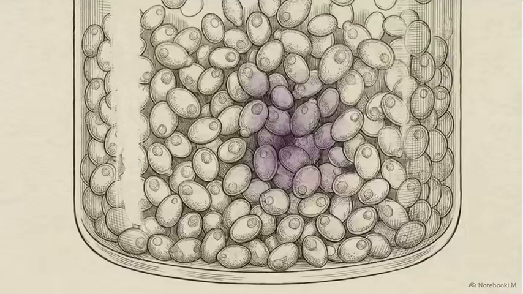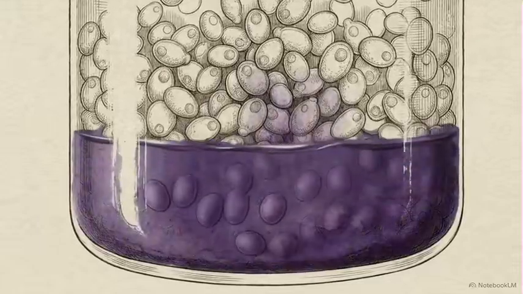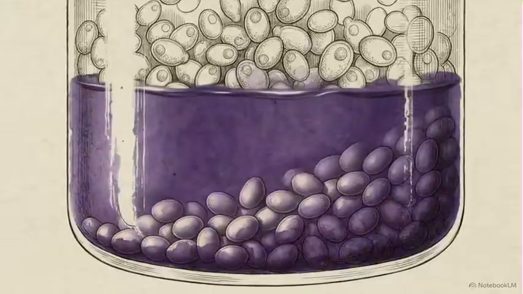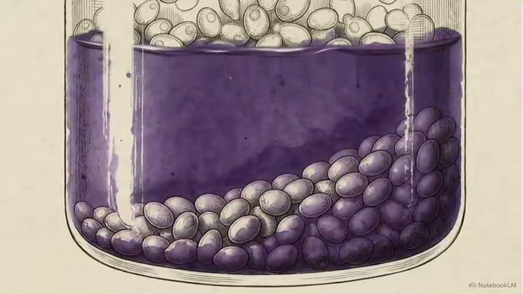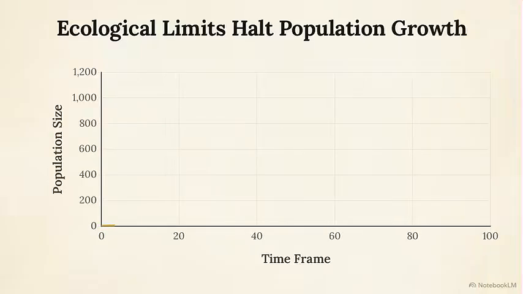As the population multiplies, the toxic alcohol builds up in the closed space until it becomes lethal, effectively suffocating their own growth. Add high-density transmission of disease and parasites, along with predators that preferentially hunt abundant prey, and the expanding population inevitably hits a wall. We can see this wall on our chart. The combination of these density-dependent factors creates a hard, invisible ceiling known as the carrying capacity.